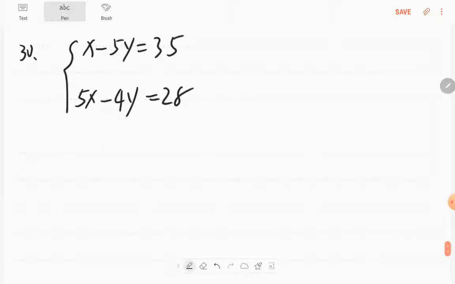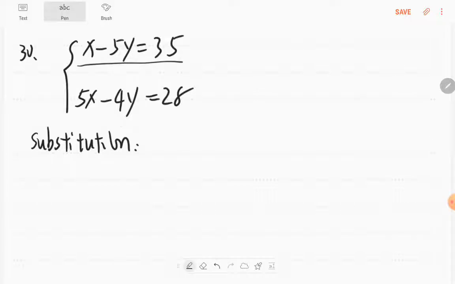Okay, so here I want to use two methods. The first method is substitution. Substitution method. You can choose any one you want because we do observation, we'll find the first one, it's easy to write x in terms of y.